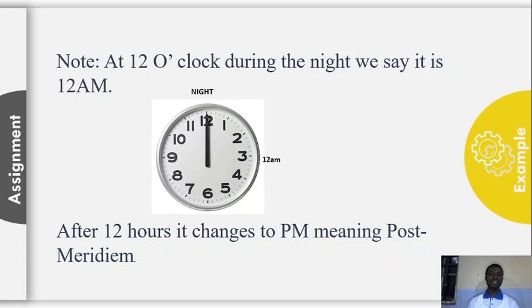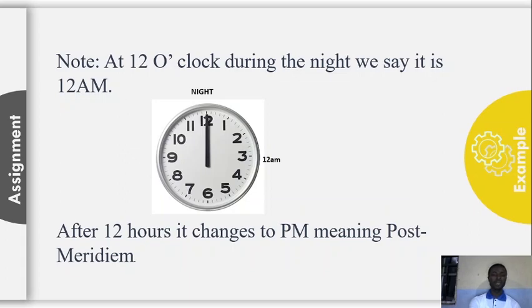The one that moves fastest is the second arm, which is not shown on this clock that you are seeing. The two we have here only represent the minute and the hour arms. Okay?